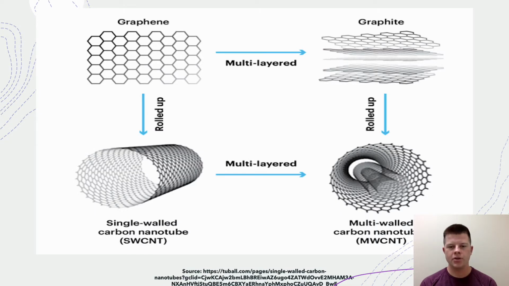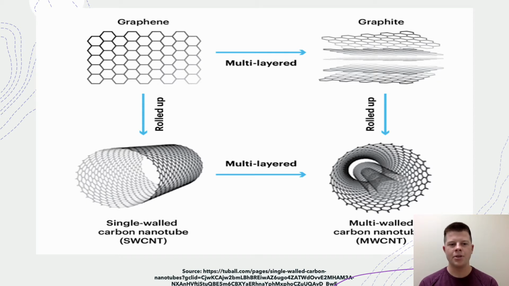So this is what carbon nanotubes typically look like. Start out with a sheet of graphene in the top left corner, and if you were to just roll that up like a piece of paper, then you would get a single-walled carbon nanotube. It's in the shape of a cylinder, and it also has the smaller circles, which are not really circles, they're actually those hexagon shapes which I described earlier.